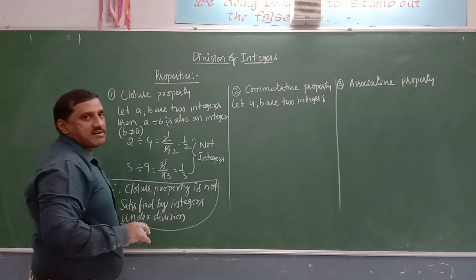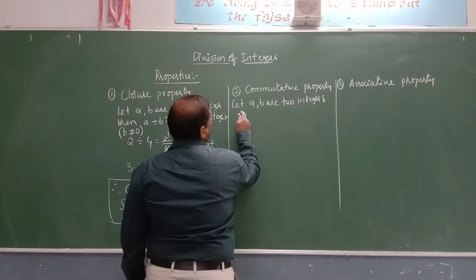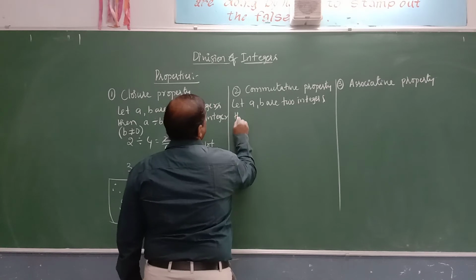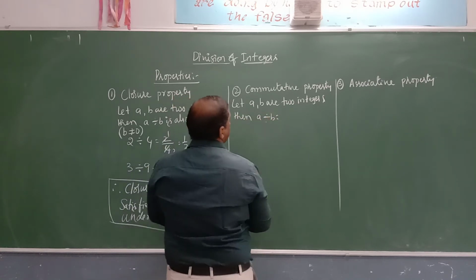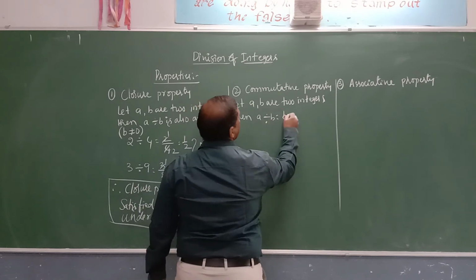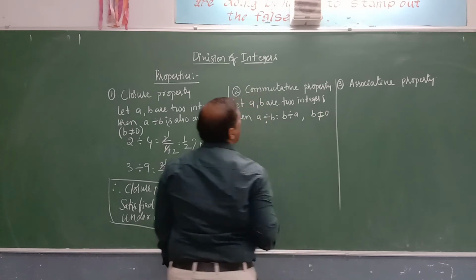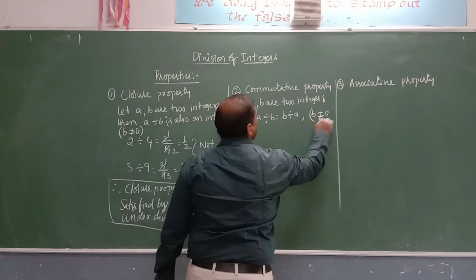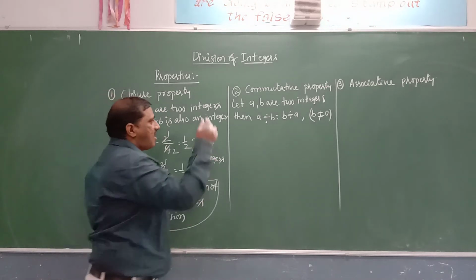Let a, b be two integers, then a divided by b is equal to b divided by a, where a and b are not equal to 0. We will check whether this is satisfied by integers or not under division.